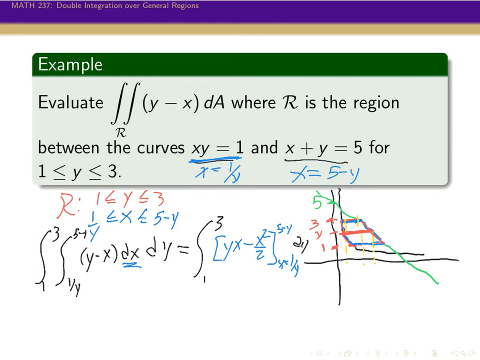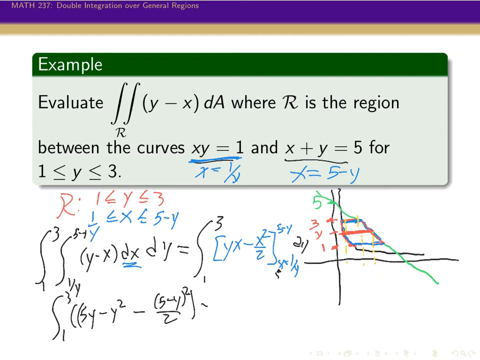So I have to plug these bounds in. Plugging in 5 minus y for x, I get y times 5 minus y, which is 5y minus y squared, minus 5 minus y quantity squared over 2. Then this is all subtracted by plugging in 1 over y.